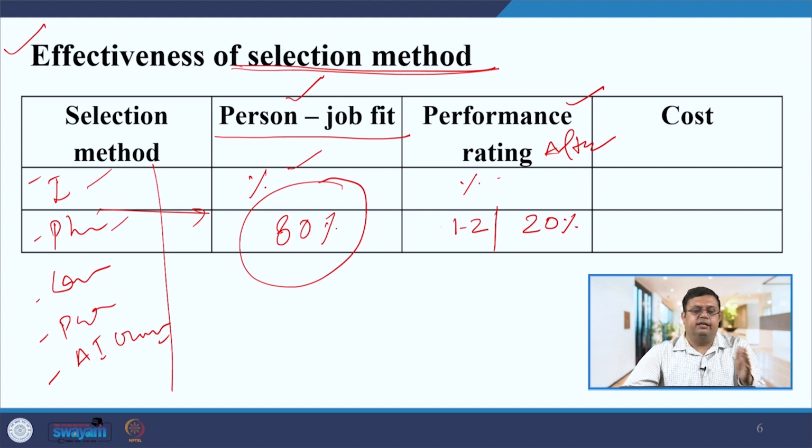If you rated so high during the interview, but the rating after 1 year is so poor, it means you failed to assess the candidate during the selection process. So that clearly indicates that. So here what you can do, all types of fit you can keep here, and through which method you have checked it, right.